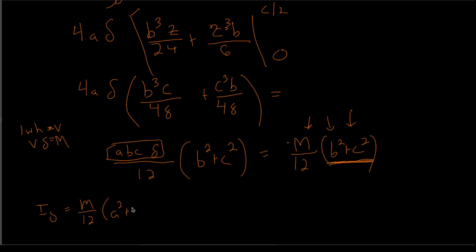We get a squared plus c squared. And for Iz, we get m over 12 times a squared plus b squared. All right. a is related to the x, b is to the y, and so you get this rotation of everything being represented. All right. So that's moments of inertia.